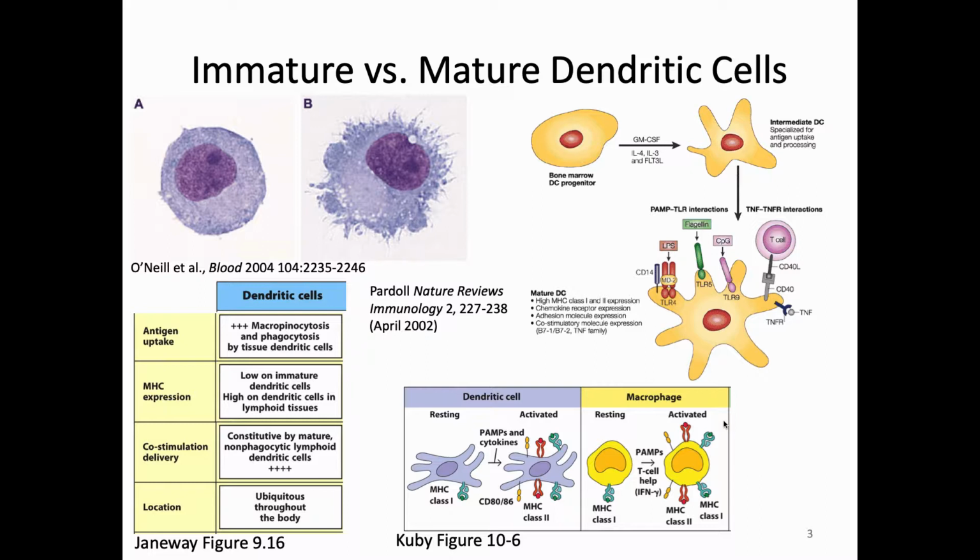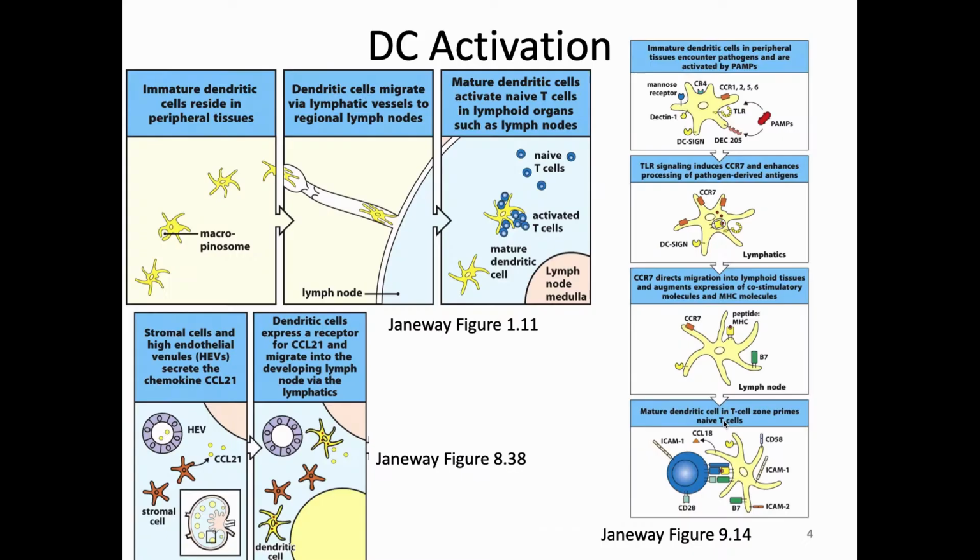In fact, this cell is probably not going to do a whole heck of a lot of phagocytosis once it's mature. It probably did phagocytosis, caught itself some PAMP, matured, and now it's ready to stimulate T cells. And one of the biggest things that that dendritic cell will do is that it's going to start to travel.